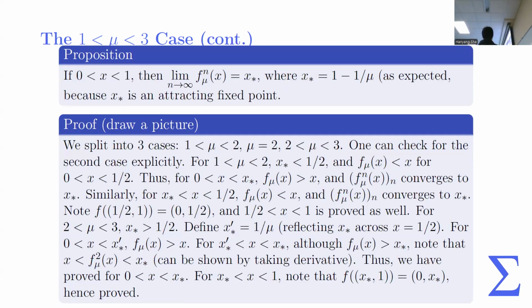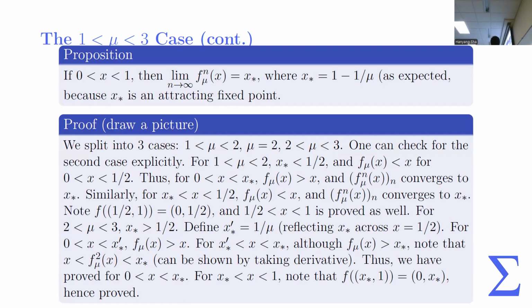So this is another result here. And this demonstrates the notion of the tracking fixed point. So if x is between 0 and 1 (the last proposition was for x less than 0 or x greater than 1), but now let's consider x in between 0 and 1.